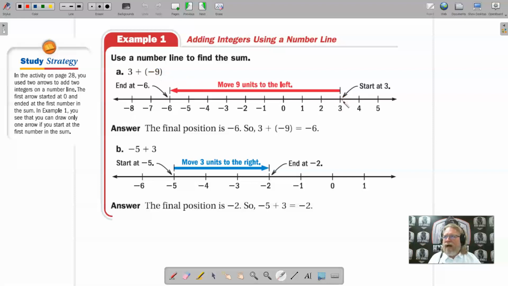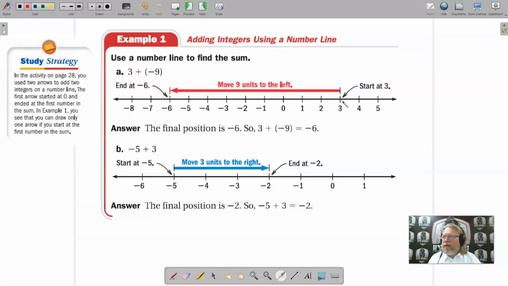It's kind of like subtracting a positive, right? We could actually say 3 minus 9. It would be the same thing. You're changing the sign to subtraction, and then you're taking the opposite of the number that comes after the sign that you changed.